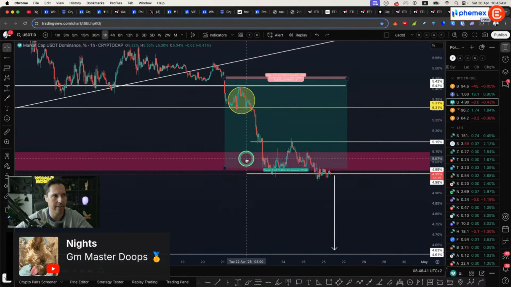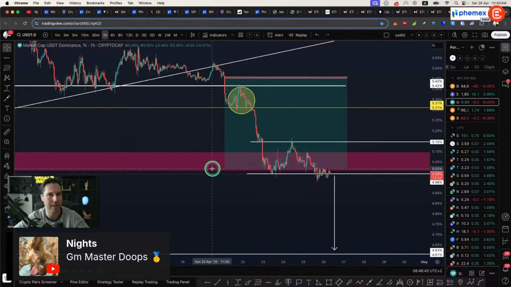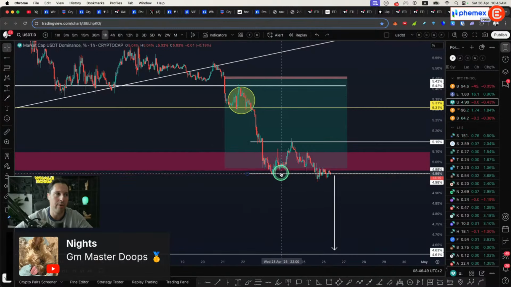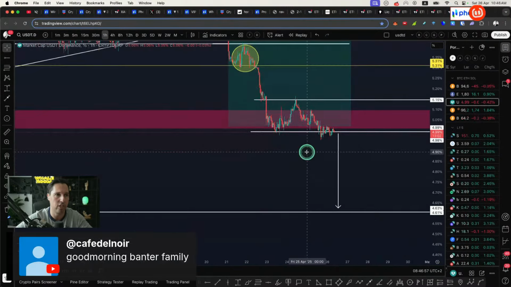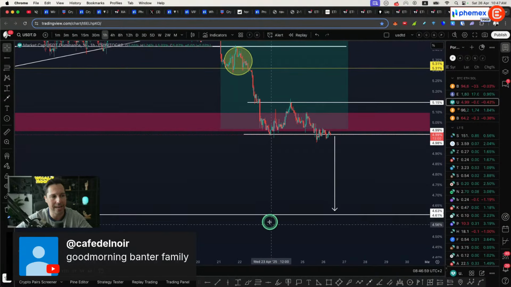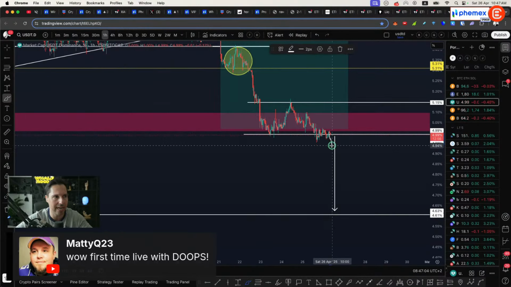So this was the area of interest where we said if we were short on USDT dominance, which means we have a bias that the rest of the market's going to flow towards the upside, well, this would be the area where we want to be a little bit cautious, and it worked out, right? You got a little bit of a bounce over there, but we led into a bearish retest, and now it's consolidating down into these lows, which does create the opportunity that if this consolidation continues, you're most likely going to see this grinding into support, leading into a deeper breakdown towards that 4.6% level.